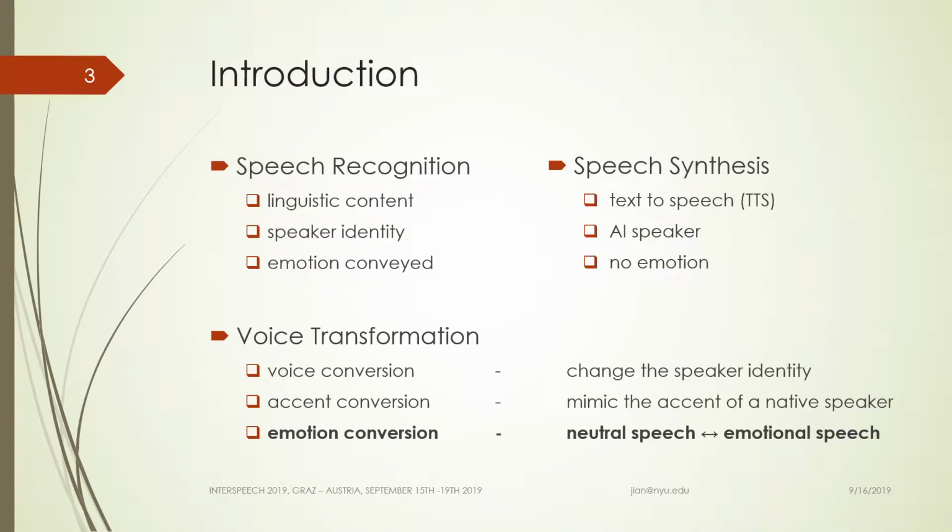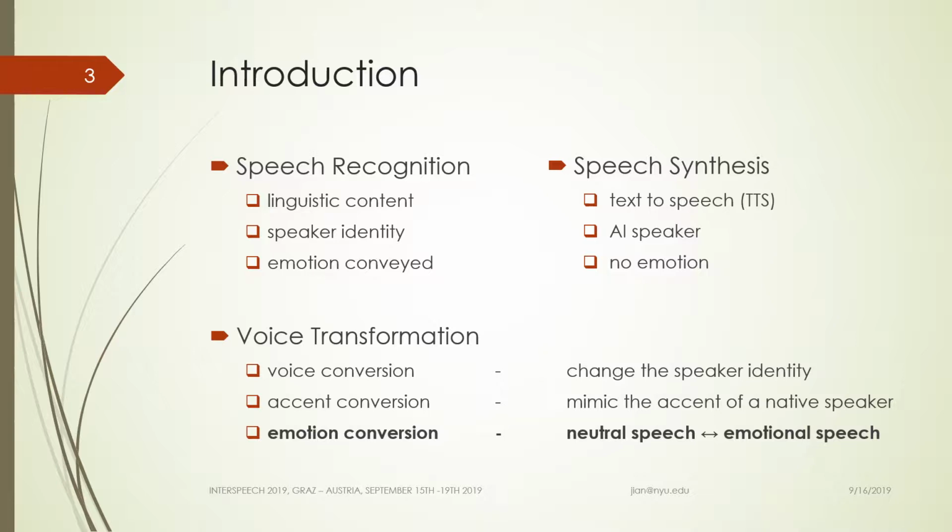There are many different tasks and applications in speech processing. I simply classify them into three different domains. First is speech recognition, that is to use machines to analyze human speech. For example, extract the linguistic content, or detect speaker identity, or extract the emotion conveyed in the speech.